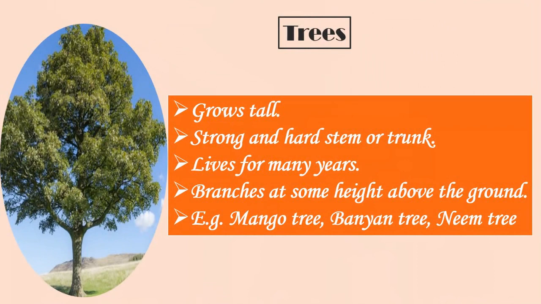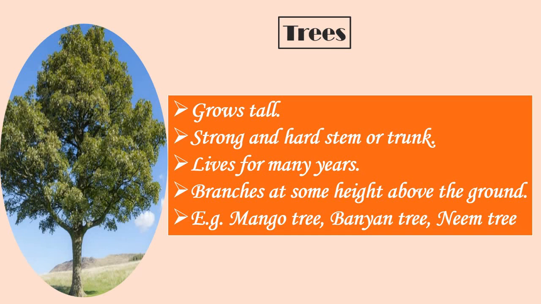Let us see some important characteristics of a tree. Trees grow tall. Their stem or trunk is hard and strong. They have branches at some height above the ground. They bear flowers and fruits for many years. Also, they live for many years.